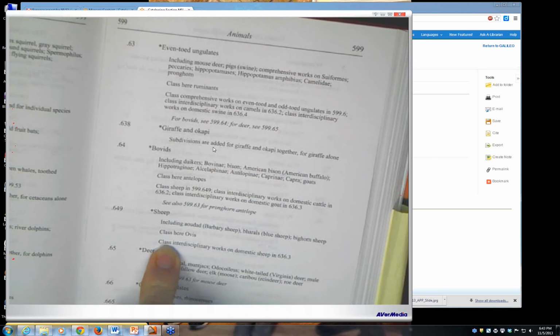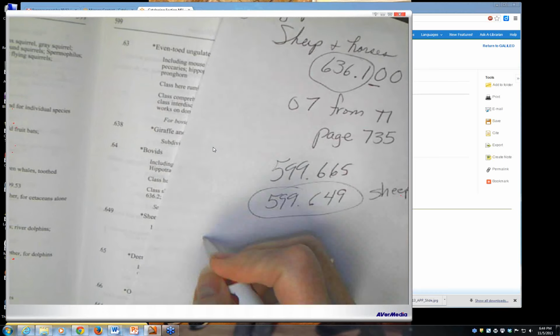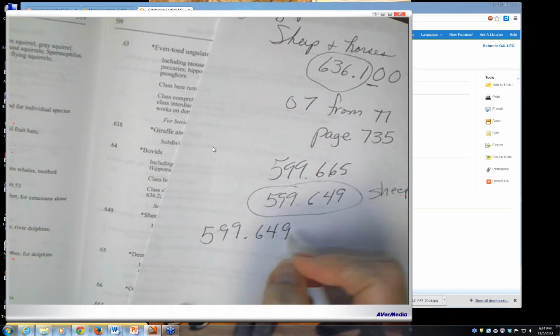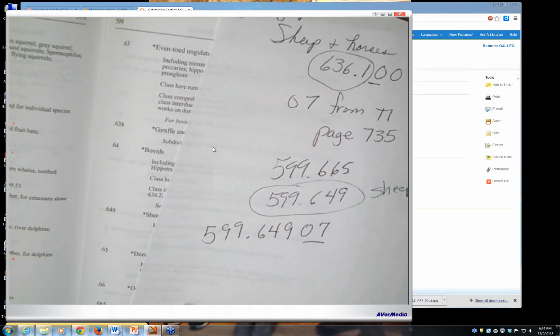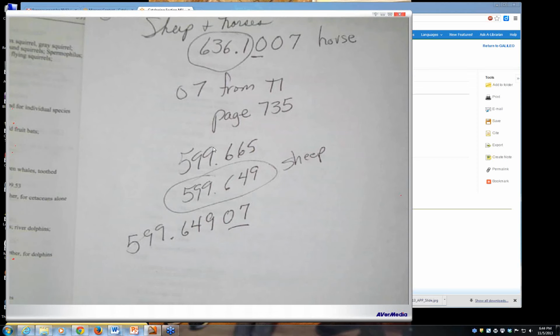So our number would be 599.64907. No extra zero required, because no note there on standard subdivisions about the number of zeros that we include.